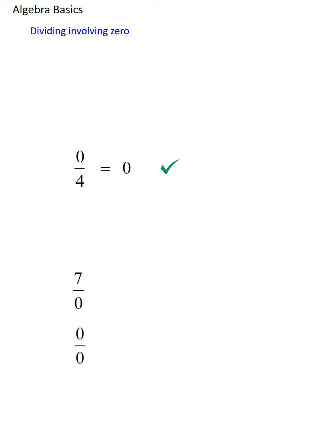The phrases that have come up over the years are many. The two that have stuck are that this division problem or this fraction is undefined or it doesn't exist. Essentially, when we're dividing by 0, we think of it as a non-answer.